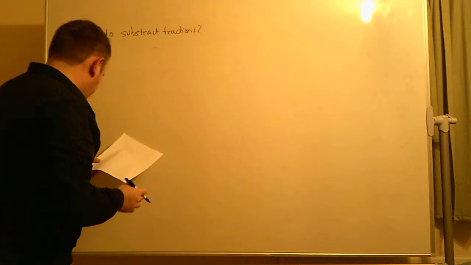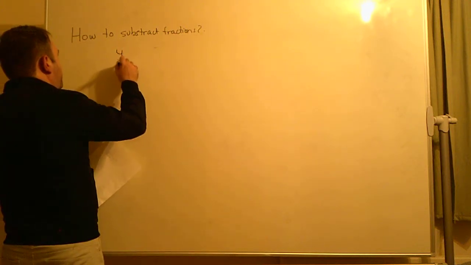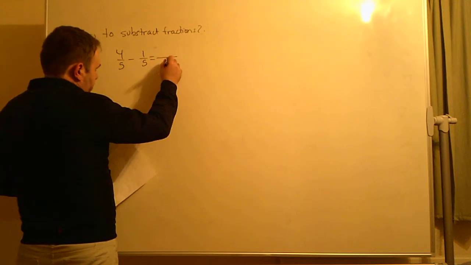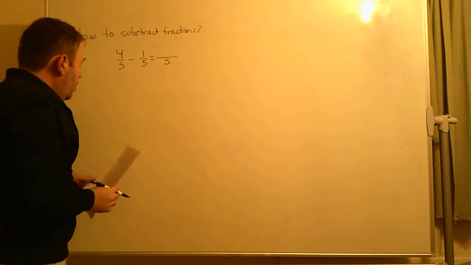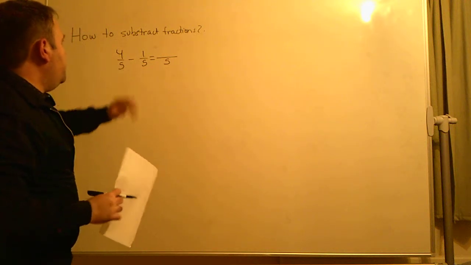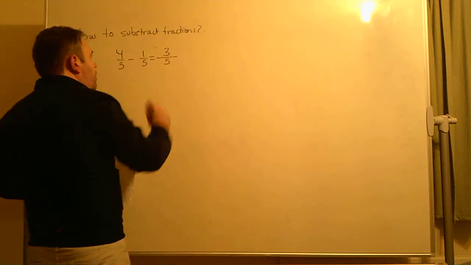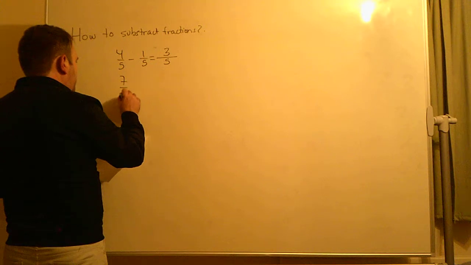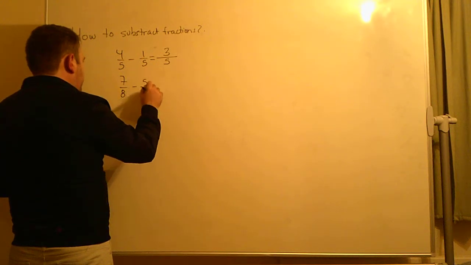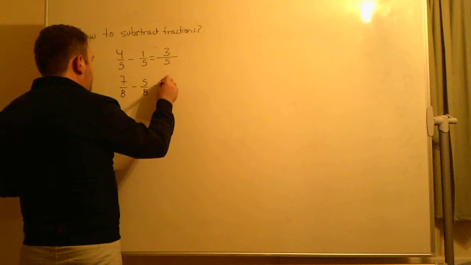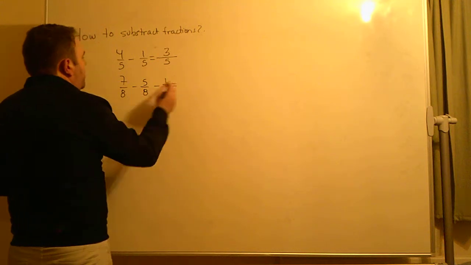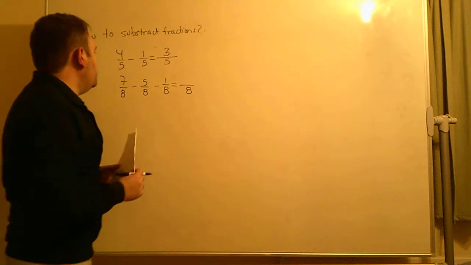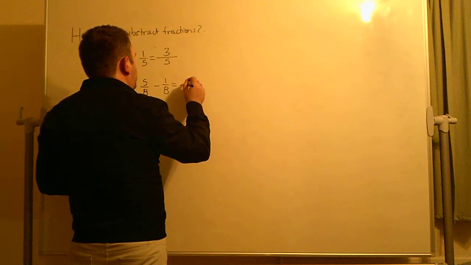For instance, if we have 4/5 minus 1/5, again we use the same common denominator, and then 4 minus 1 is 3, and we are done. 7/8 minus 5/8 minus 1/8 would be equal to, well, we use the same common denominator, and then 7 minus 5 is 2, minus 1 is 1.